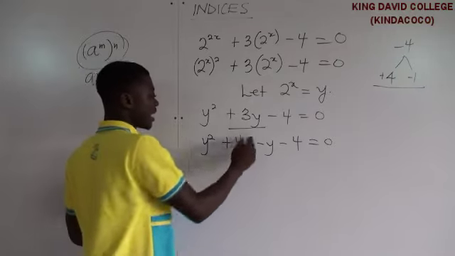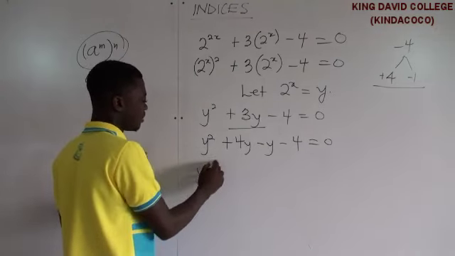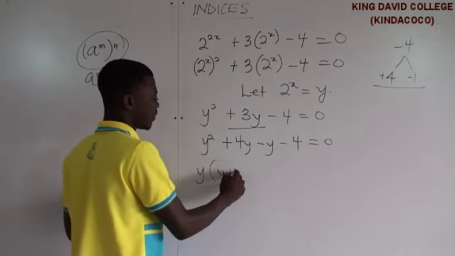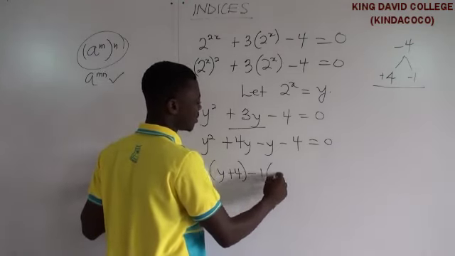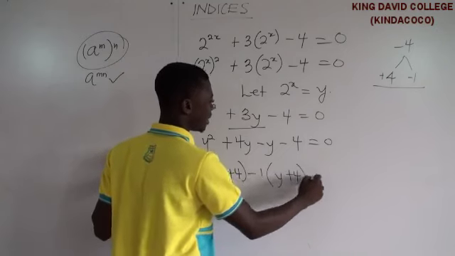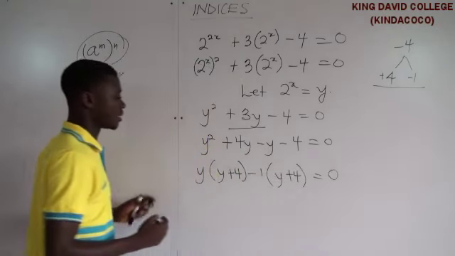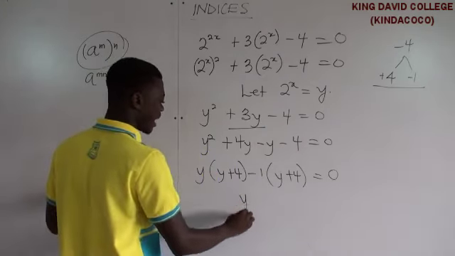So over here, I group them. You factorize y out here, you'll be left with y plus 4. And then here, you factorize minus 1 out, you'll be left with what? y plus 4. And then this is going to be equal to 0. Hence, you are going to have y minus 1.